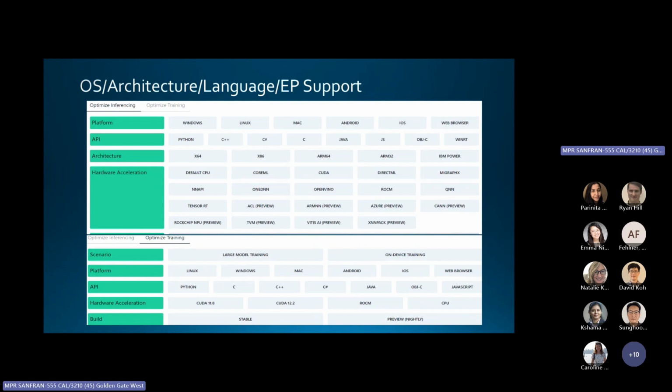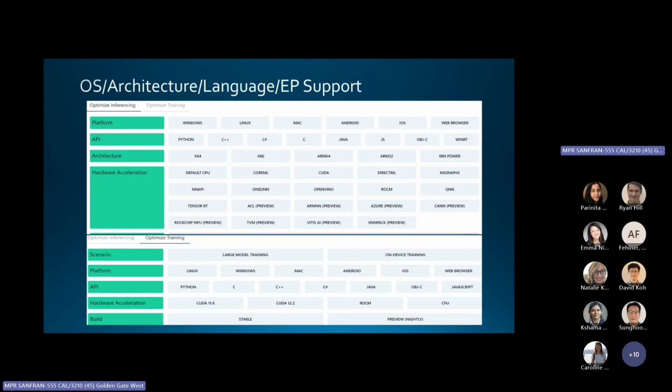So with support from our community and the hardware vendors, we have built really comprehensive coverage for running AI models on different platforms. Here are the platforms, architectures, languages, and hardware we cover.